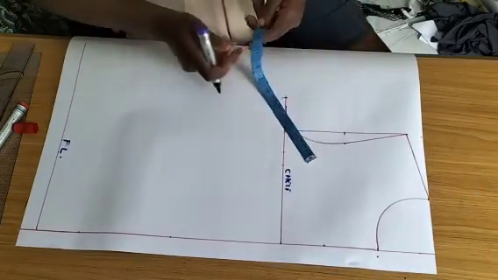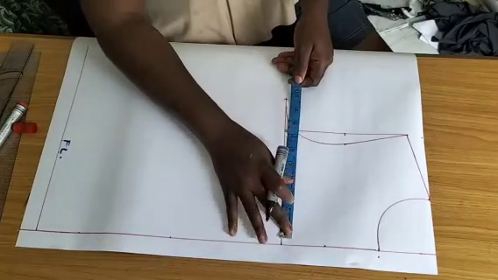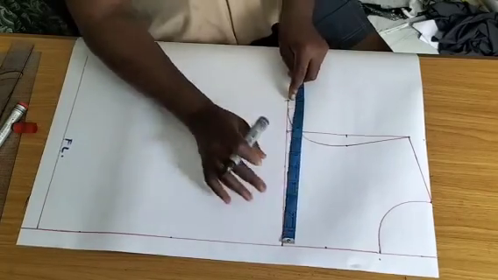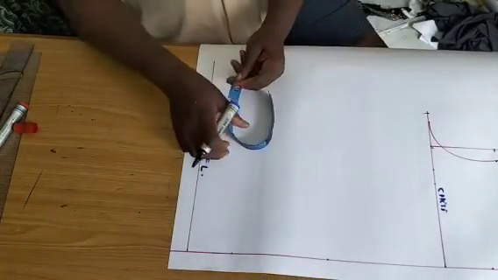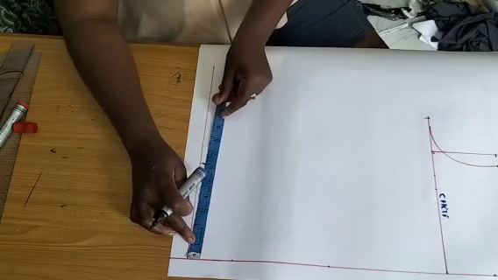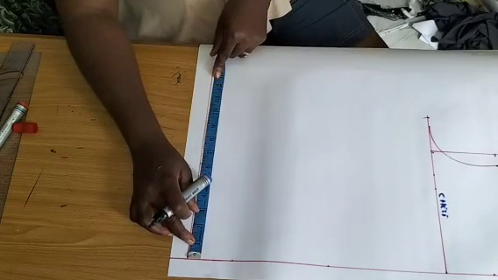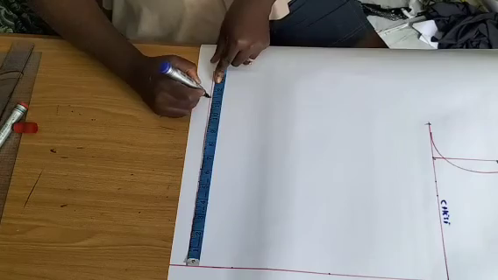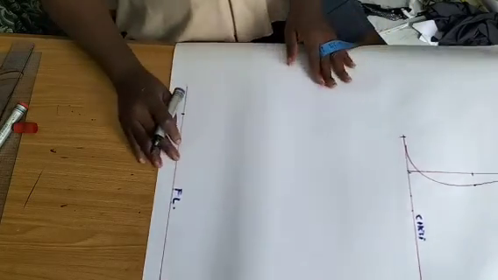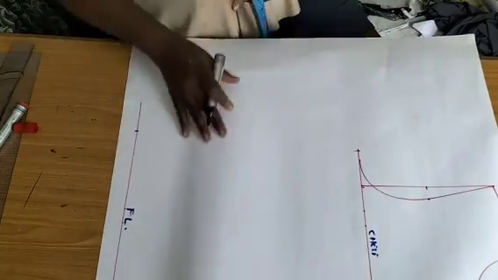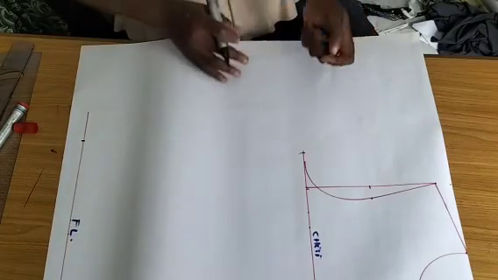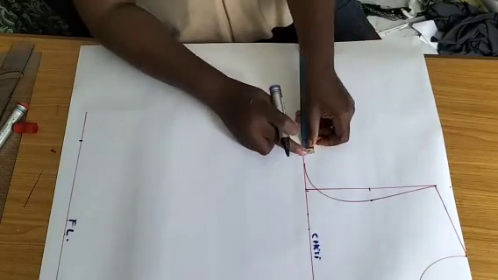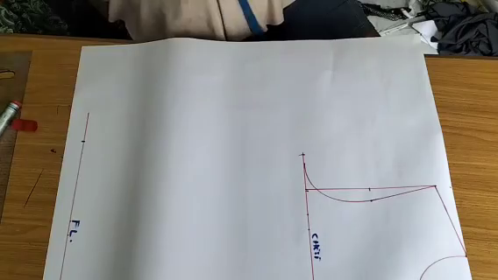So on the chest line, I measure my bust divide by 4, and I've marked. And on the full length, I'll measure my hip measurement divide by 4. So my hip measurement divide by 4 is 11.5. I've marked also. So the next thing I want to do is to add 1 inch on my shoulder line.